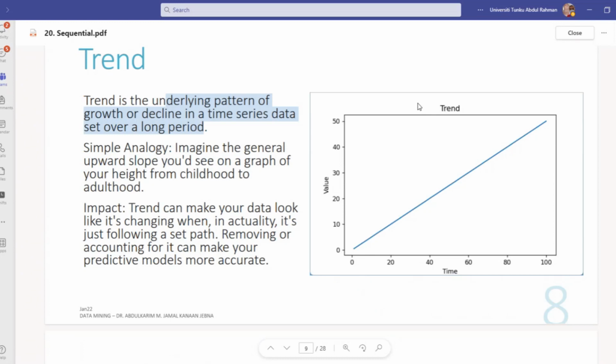Now, when can we say that we have no trend? If it's going up, we have an upward trend. Going down means a downward trend. Then when do we say there's no trend? Yes, very good. When we have a horizontal line, that means we have no trend.